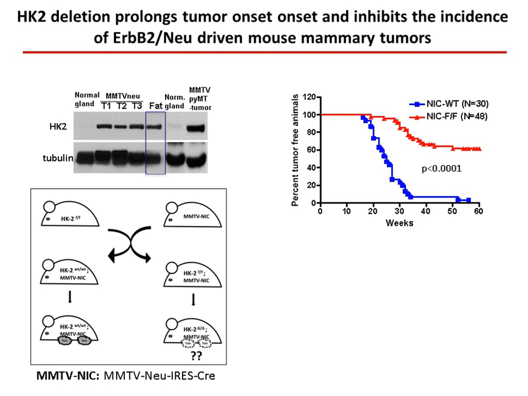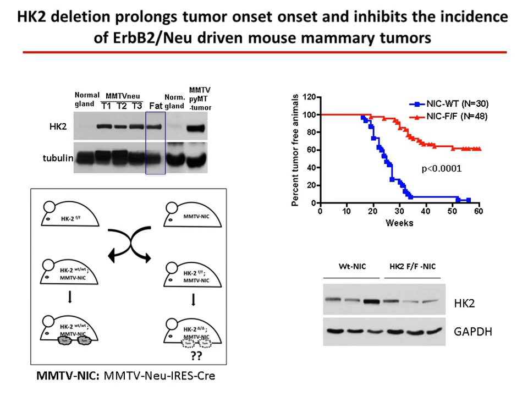In fact, it is more than that, because when we isolated tumors from the mice without Hexokinase 2, we found that the tumors were derived from cells that escaped a complete deletion of Hexokinase 2.